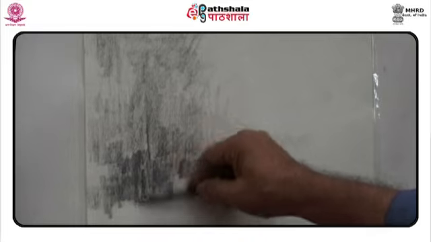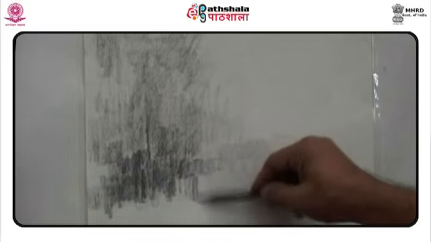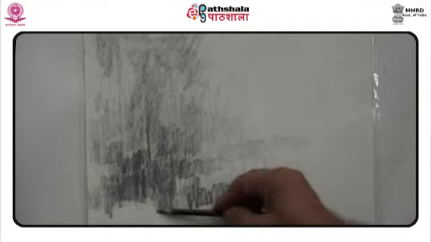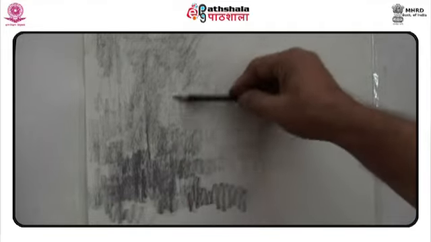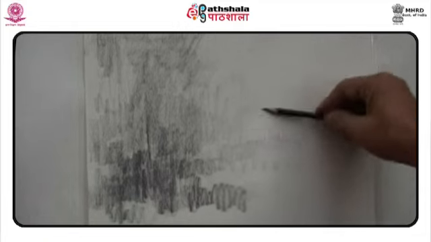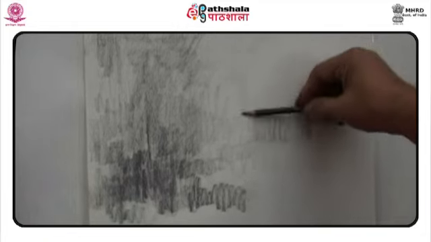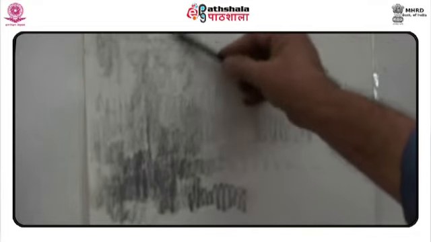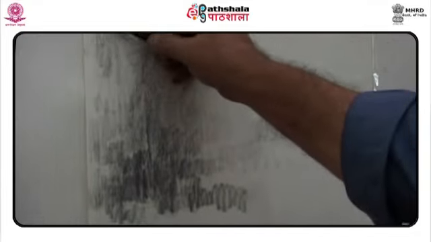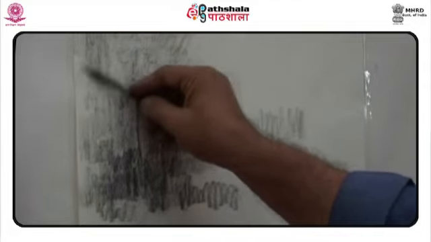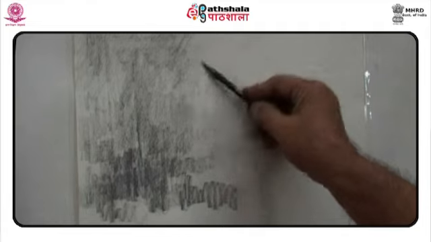In the foreground, one needs to put hard and dark scribbles, which keep on getting softer and lighter as they reach the background. The oblique lines over the foliage of the tree can differentiate it from the area in front with vertical scribbles.